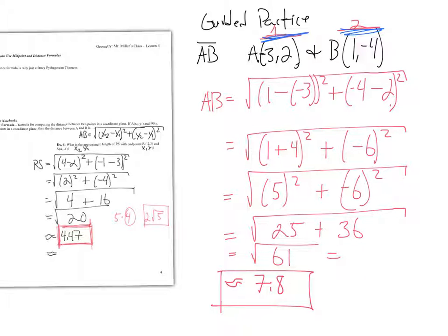And then negative 4 plus a negative 2, which is a negative 6. When that squares, we get a positive 36. And we get a 5, which squared is 25. That gives me a square root of 61, which is equivalent to 7.8 approximately. So we have the little equivalent marks, which means equal to in this case.